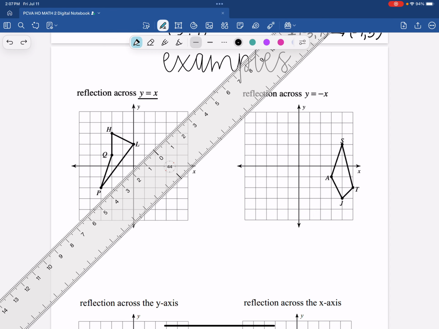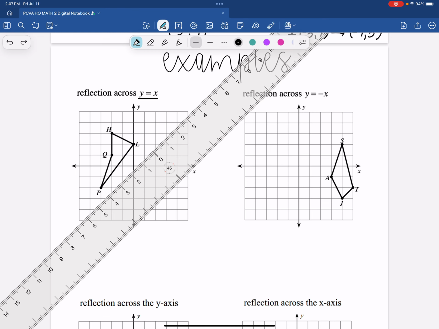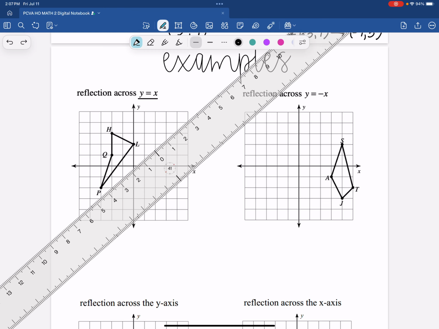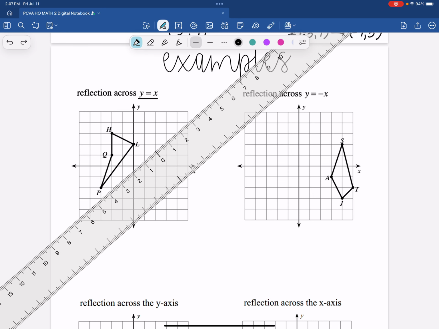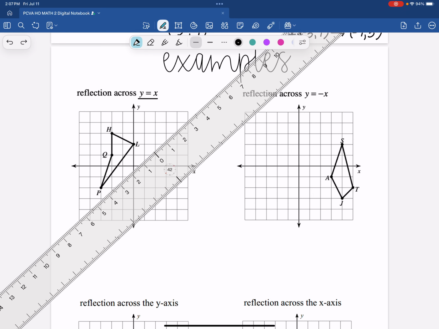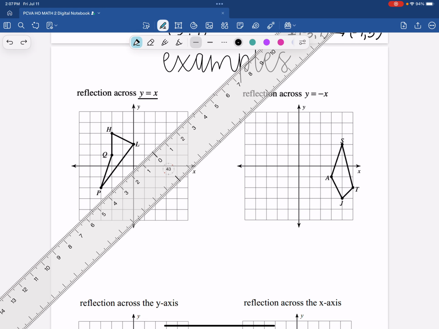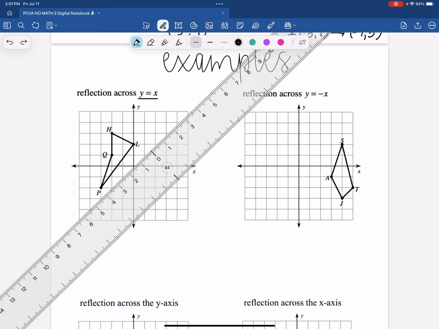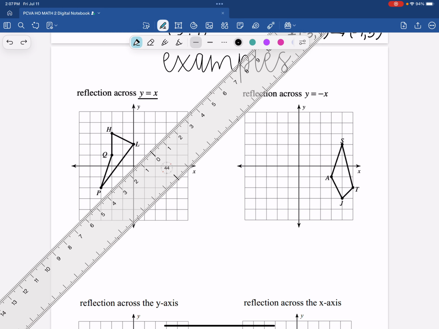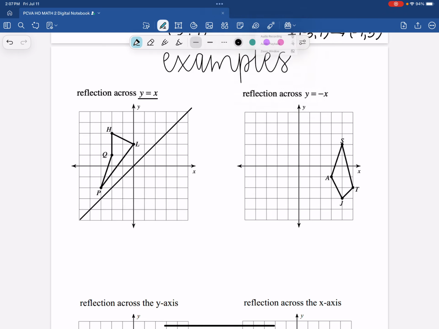The line y equals x is obviously a slope of 1, so it's going to go up 1 unit, over 1 unit, up 1 unit, over 1 unit. All right, it's about as good as it's going to get. Let me hide that ruler again.